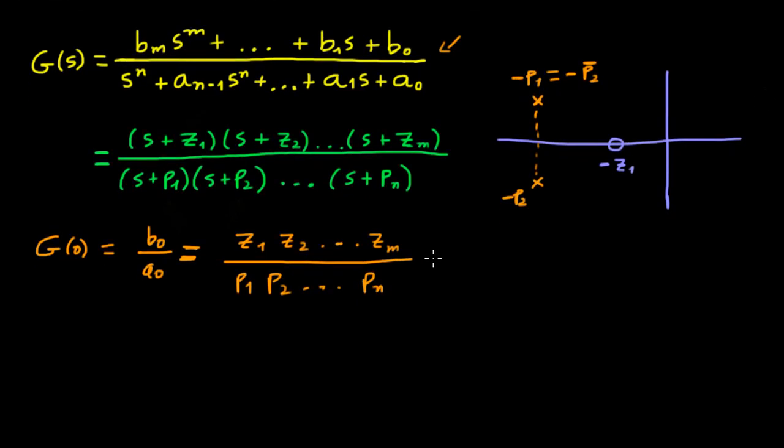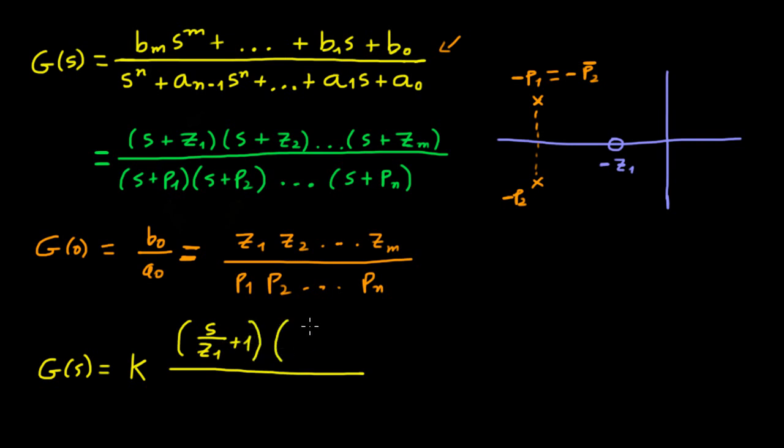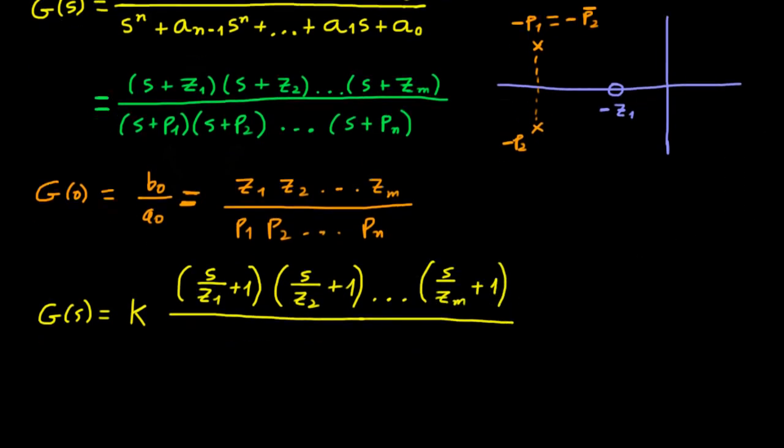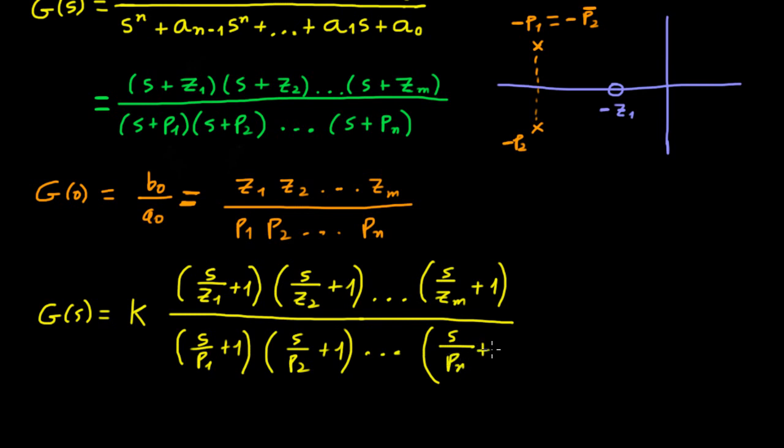So maybe a better way, in my opinion definitely a better way, to write the transfer function would be the following one: g of s is k times s over z1 plus 1 times s over z2 plus 1, and one of these terms for each zero, up to s over zm plus 1, and the same with the denominator: s over p1 plus 1, s over p2 plus 1, and s over pn plus 1.